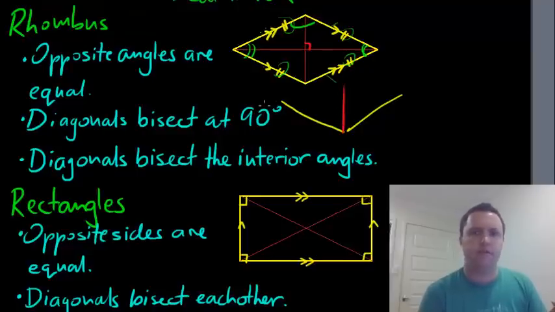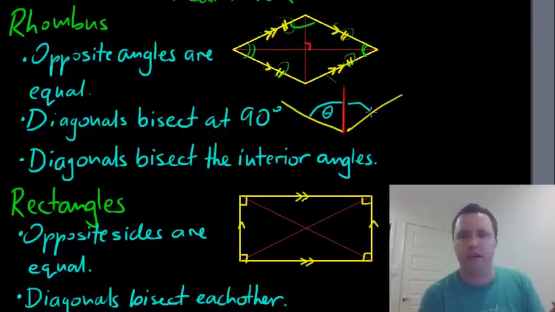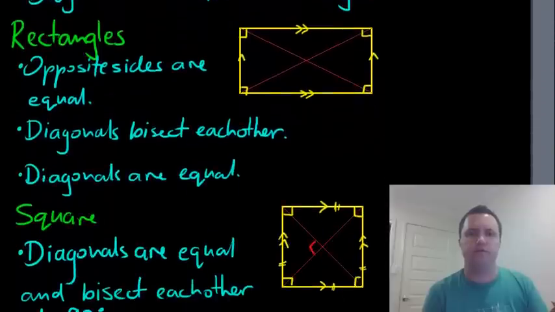What it's saying is that this here is theta, some angle, and on the other side of the diagonal is also theta. They're exactly the same. These two pieces, either side of the diagonal, have exactly the same angle. That's our rhombus.